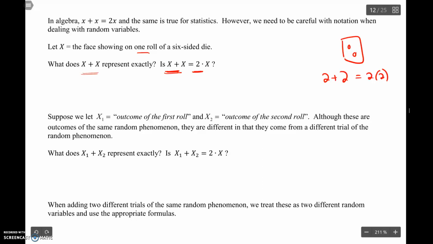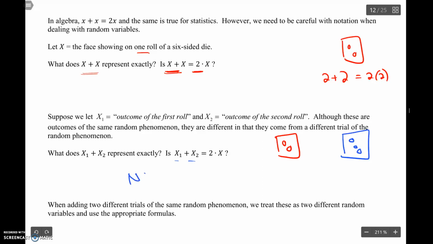However, if we let x sub 1 equal the outcome of a first roll of the die and x sub 2 equal the outcome of the second roll, although these are outcomes of the same random phenomenon, they are different in that they come from a different trial of the same phenomenon. So what does x1 plus x2 represent? Well, that represents rolling one die and getting a 2, and rolling a second die and getting a 3, for instance. Now, does x1 plus x2 equal 2x?